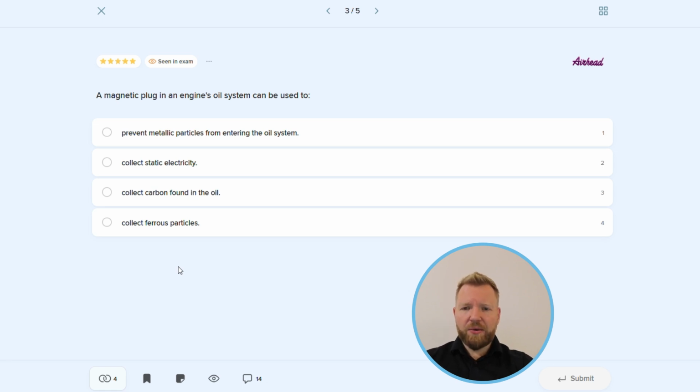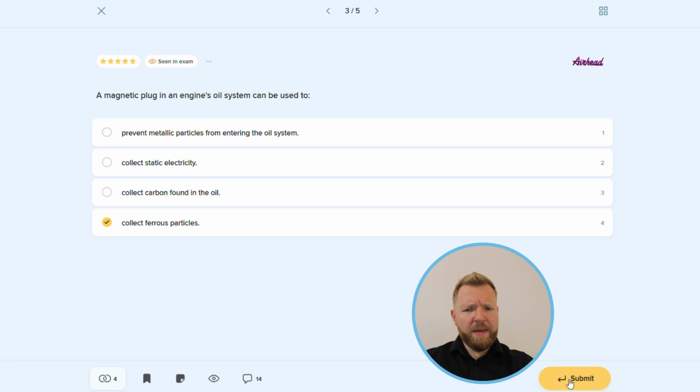These detectors collect flakes, shreds, or particles of metal, and if any of those are detected, it might be an early indication of impending failure. Upon analysis, technicians can determine from which parts of engine or gearbox these ferrous particles come. So here, the answer number 4 is correct.